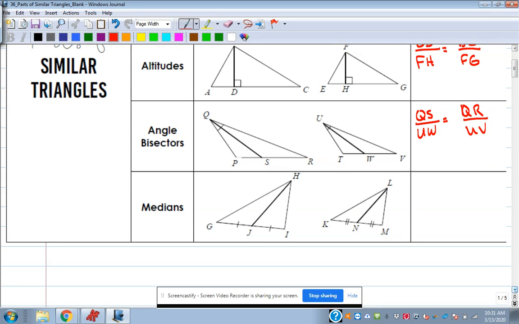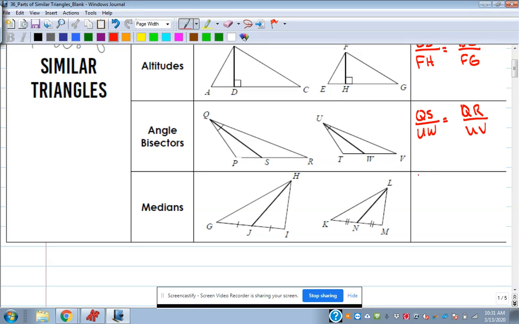Medians of triangles: a median is a line that comes from a vertex to the opposite side and intersects at the midpoint of the other side. So medians are also proportional. Same idea. It's not a perpendicular bisector, but the endpoint of that segment is at the midpoint of the opposite side.